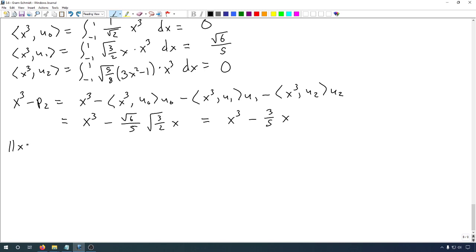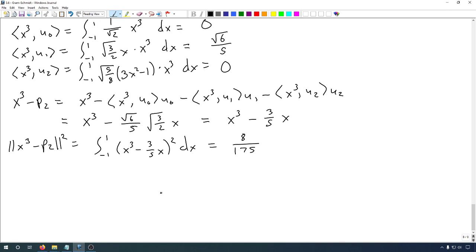Sorry, that should be x cubed minus p2. The norm of this thing, or at least the norm of it squared, because we have to take an integral, we're going to take this vector, square it, and then integrate that. Again, I'm going to jump straight to the answer. It's going to be 8 over 175.